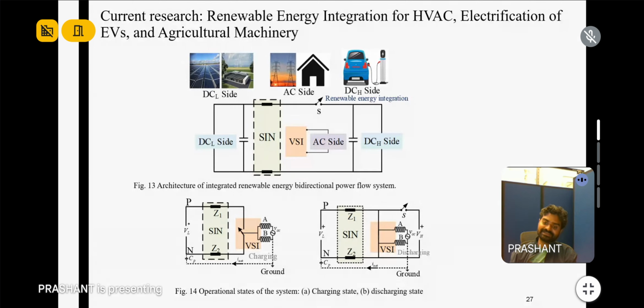So to feed power to drive that motor, we need a DC to AC converter because the motor is an AC motor. So we have to give AC voltage and currents to drive that motor. An AC signal is required. At the same time, there is a battery in the electric vehicle, and the battery is DC in nature.